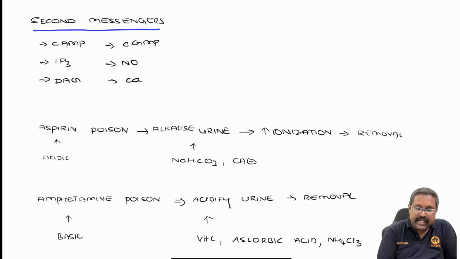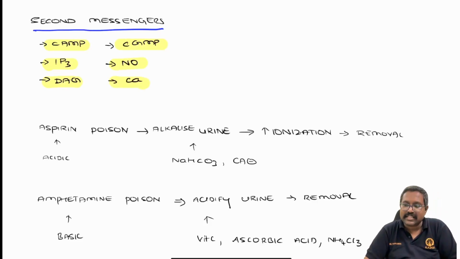Please remember these examples: cyclic AMP, cyclic GMP, inositol triphosphate, diacylglycerol. Nitric oxide can act as a second messenger, and even calcium can act as a second messenger.